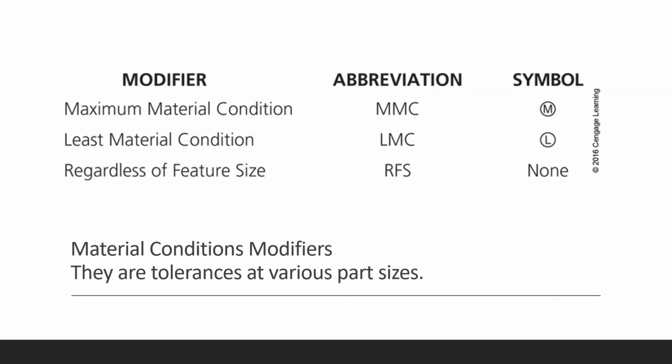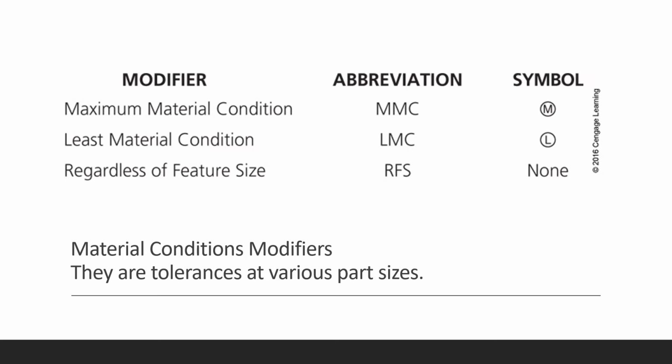Okay, so next one. Modifier. We have different modifiers, and we have 3 of them here. The very first one is maximum material condition, abbreviation MMC.